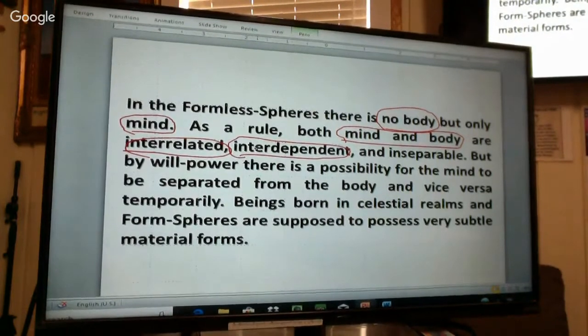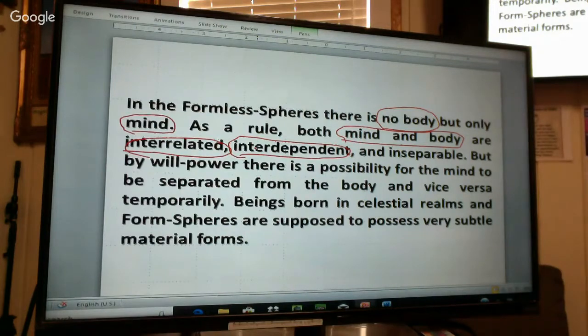You are sitting here and you see the slideshow because your eye supports your eye consciousness. That's why you see these various kinds of slides right now. Like this, body and mind connect, and they depend on each other.